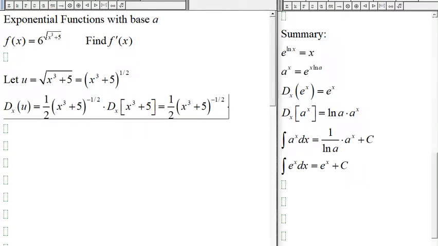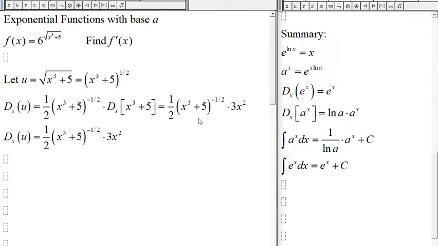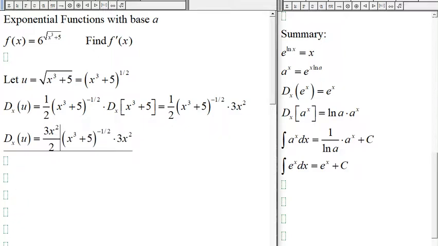The derivative of x to the third is 3x squared, and the derivative of 5 is just 0. So altogether, the derivative of u is 1/2 times 3x squared, which would be just 3x squared over 2. And so this is the derivative of the exponent here.